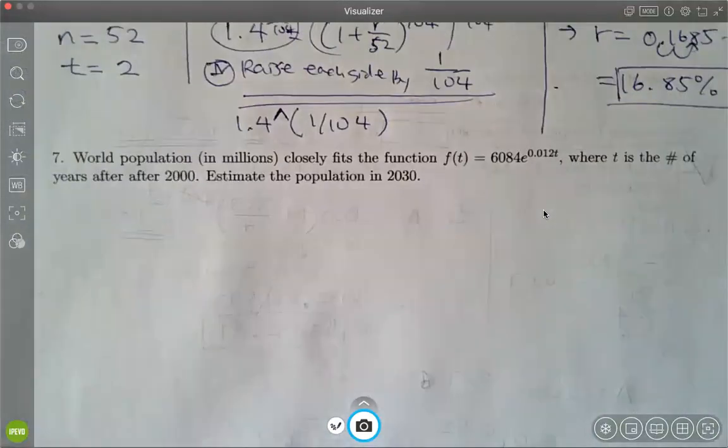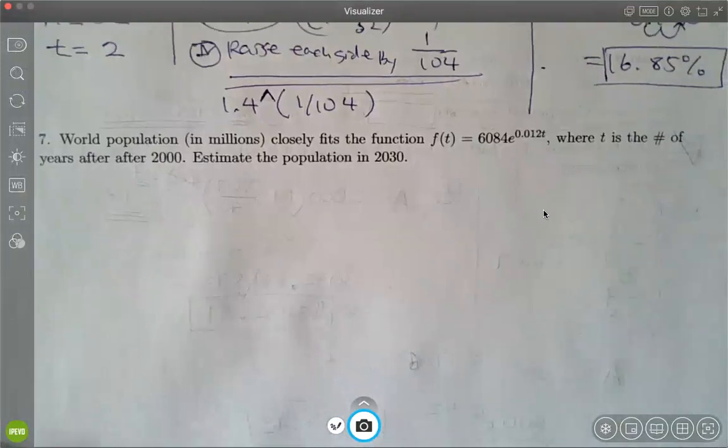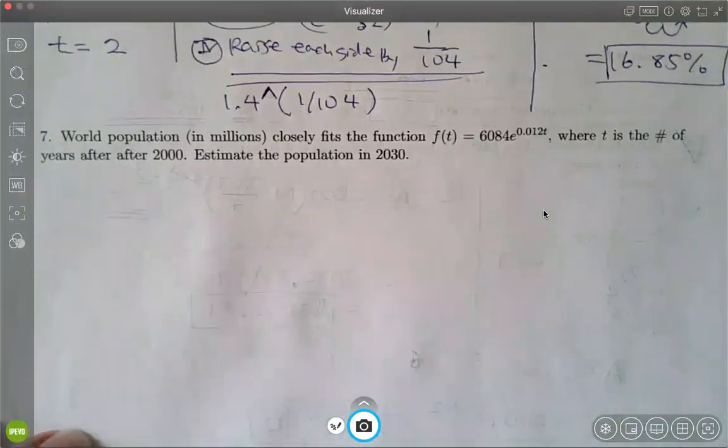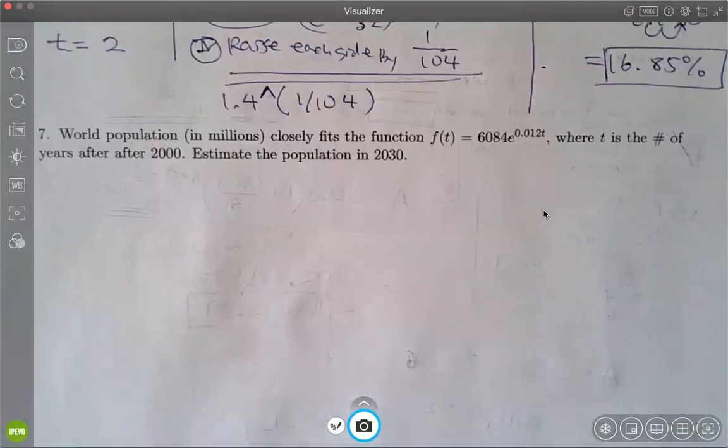Okay, and now the one last remaining problem. The world population in millions closely fits the function 6,084 times e to the 0.012 t, where t is the number of years after 2000. Estimate the population in 10 years from now, year 2030.